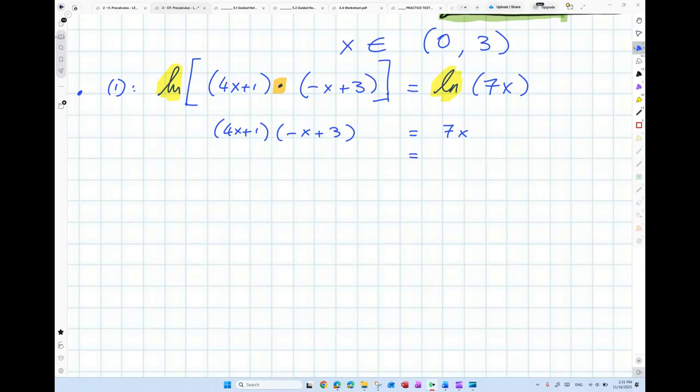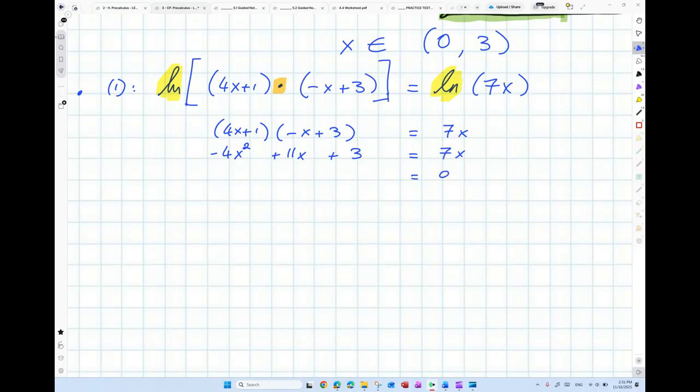So I'm going to distribute, I'm going to FOIL this. I will have negative 4x squared, plus 11x, plus 3, equals 7x.